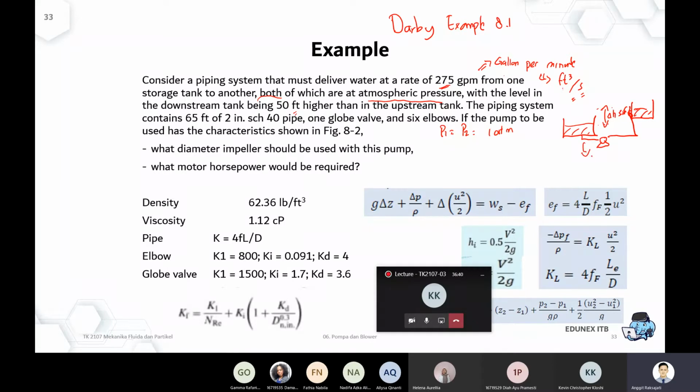So what is 2-inch? Is this the inside diameter, outside diameter, or nominal diameter? I think it's the nominal diameter. Yep, correct. So the nominal diameter is 2-inch, and it's schedule number 40.